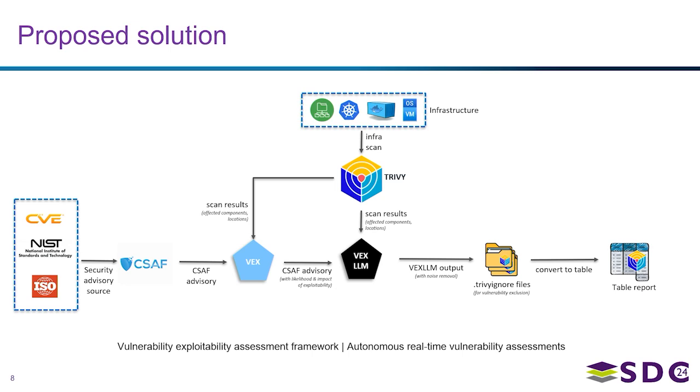Yes? So in the case of Trivy, does it use agents or is it just using basically network scanning? Can you repeat the question? The question is, in case of Trivy, does it use any agents to be able to scan? So yes, there are a few agents that it typically uses, but those are not something which is sitting there. What it does is use the native commands.